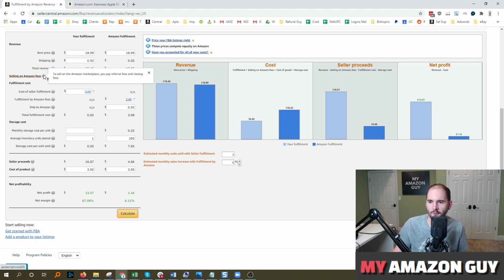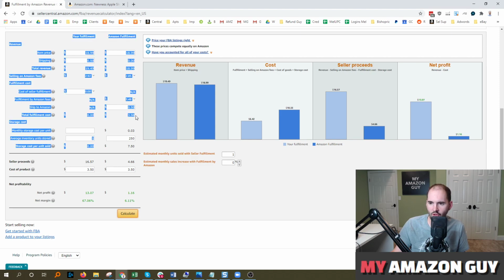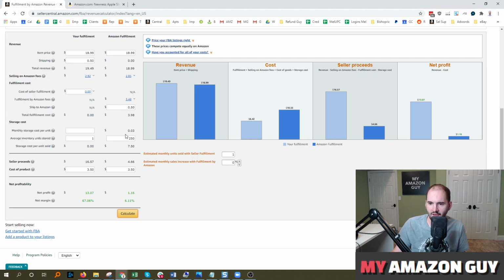That is the referral fee of 15%. Your FBA fee, your pick and pack, is $3.48. Cost to ship in, 50 cents, so your total all-in cost is $3.98. Monthly storage cost of about 3 cents. It looks like cost per unit sold is $7.50. That kind of looks like a bad number.